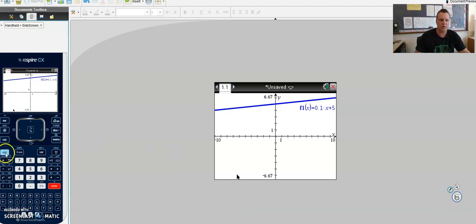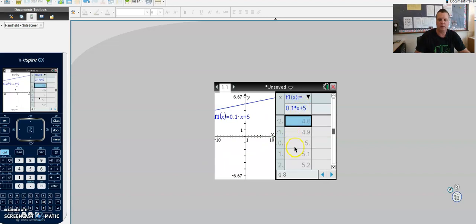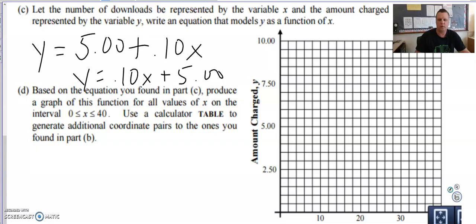I'm going to press Control T for the table. 0 is 5, of course, because that's the y-intercept. 10 is 6. Then 20, scrolling down, is 7. 30 is 8. And 40 is 9.